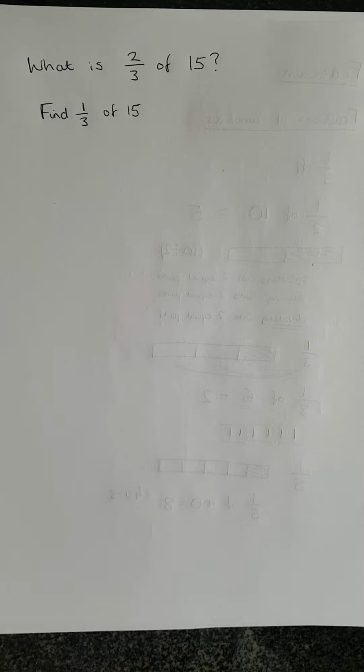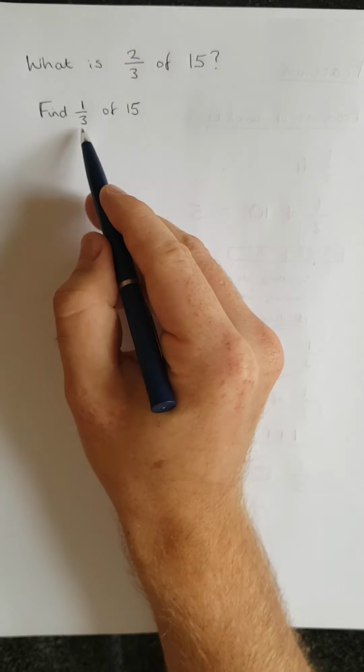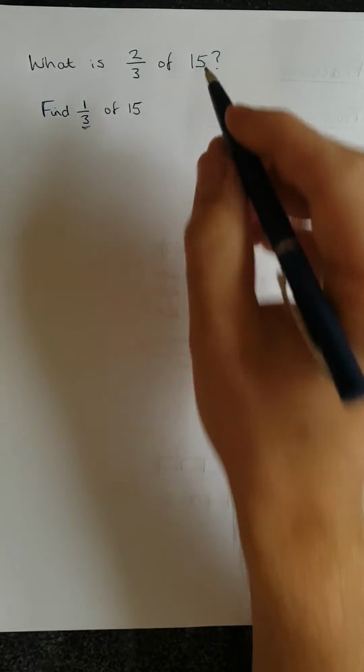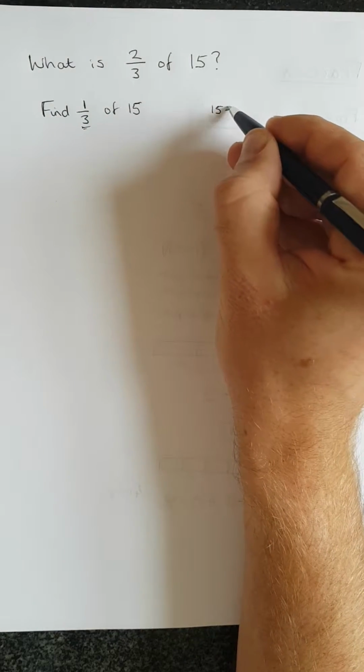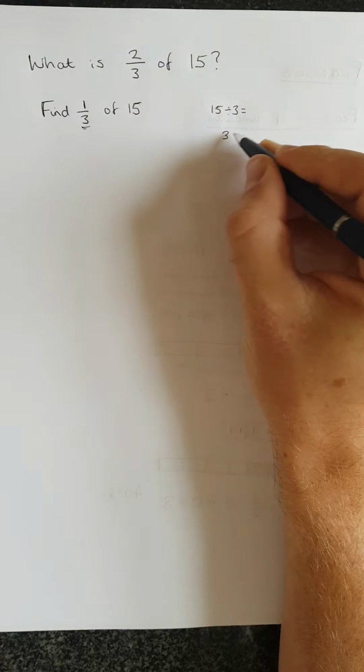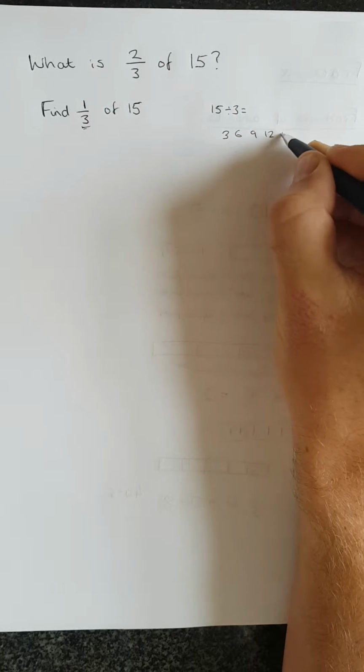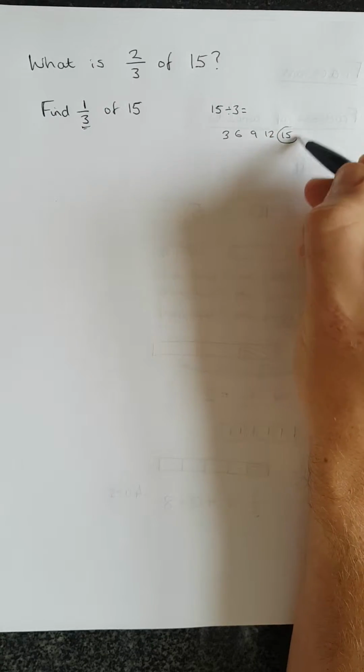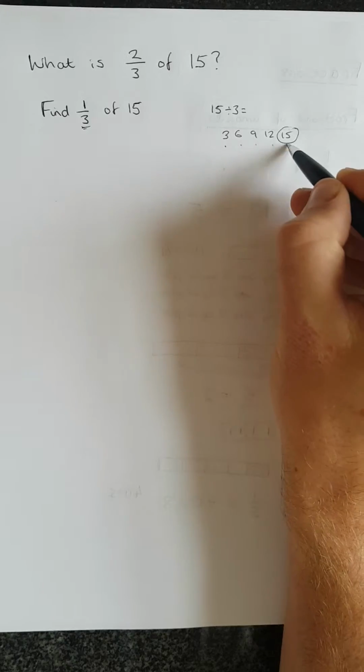From what we've just done, we know that 1/3 is when you divide it into 3 equal size pieces. So we're actually going to do 15 divided by 3. If you need to, you can write down your 3 times tables. 1, 2, 3, 4, 5.